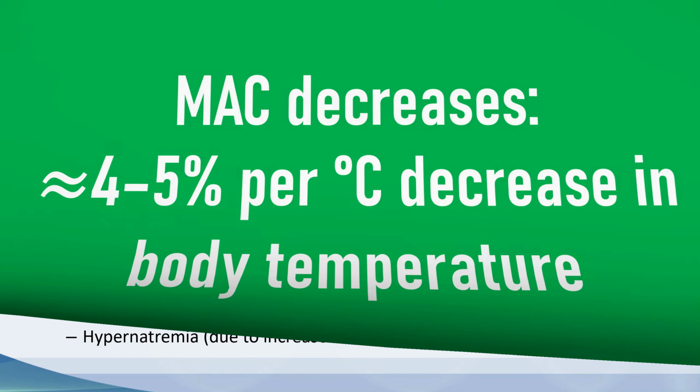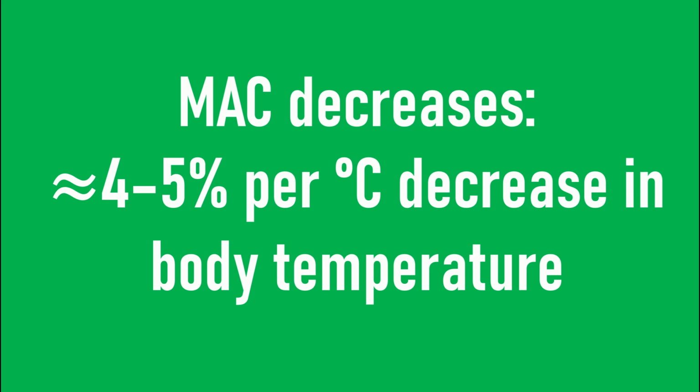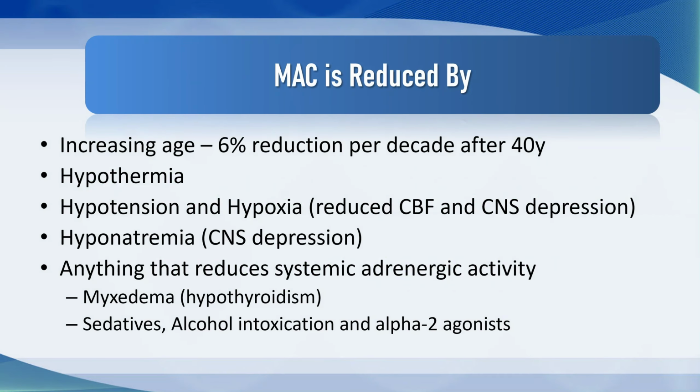In terms of temperature, hypothermia reduces MAC by 4 to 5% per degree Celsius reduction in body temperature. The other things that reduce MAC are increasing age. There is a 6% reduction in MAC per decade after the age of 40. In other words, elderly people need less anesthetic than younger people.